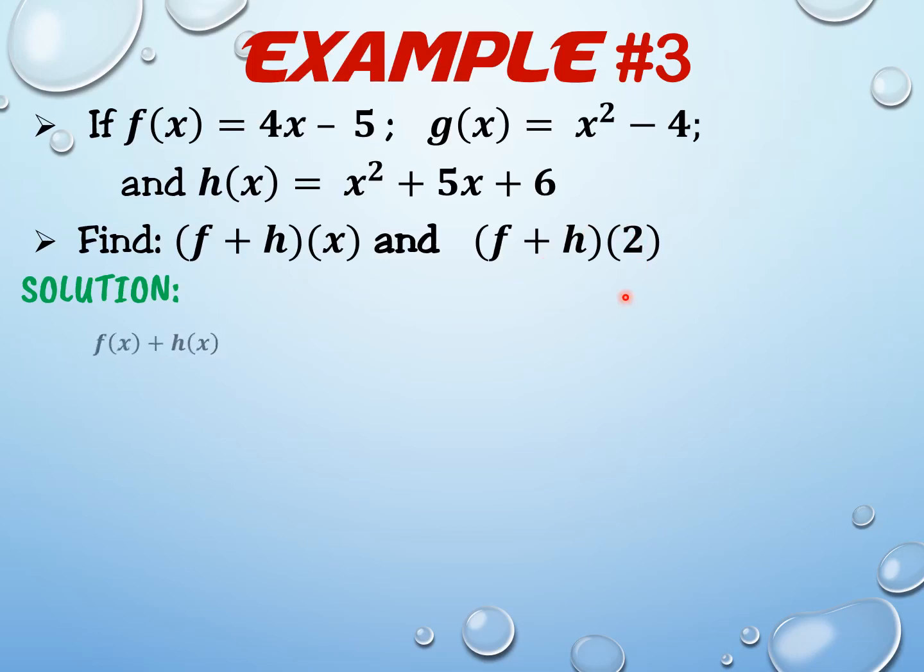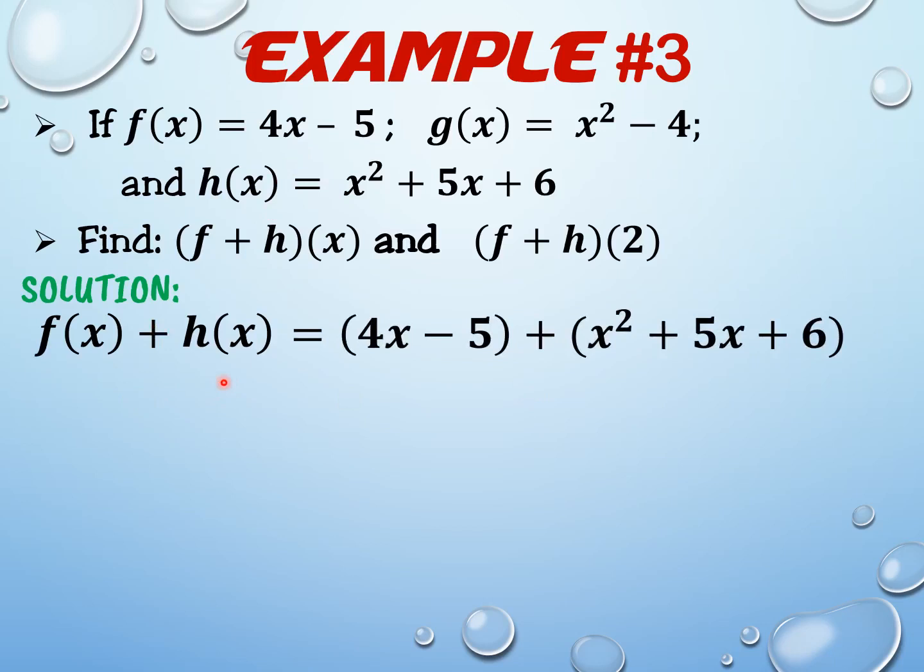So let's do it. So let's have f of x plus h of x. So again, this is simply equal to the value of f of x, which is 4x minus 5, and h of x is x squared plus 5x plus 6. Again, this is addition, so we combine similar terms, descending powers of x. So we start with x squared. So we simply copy that one.